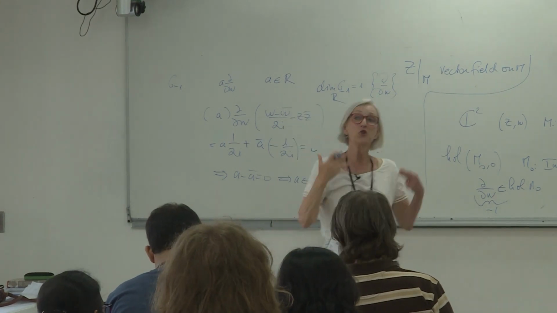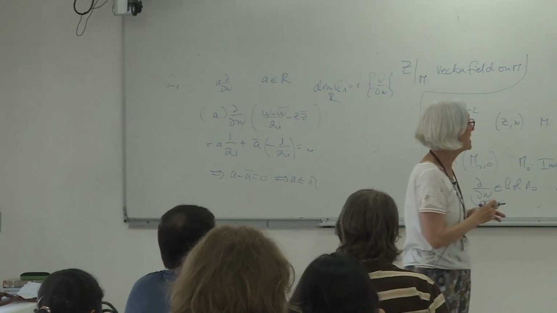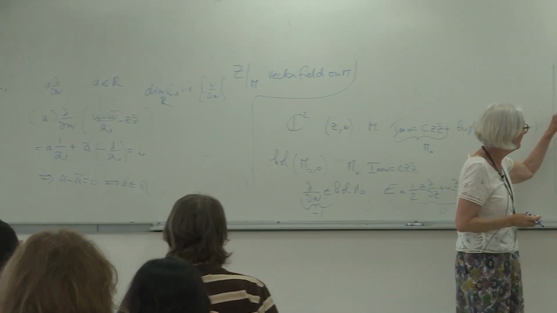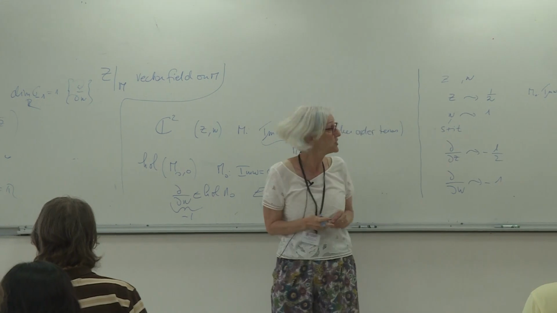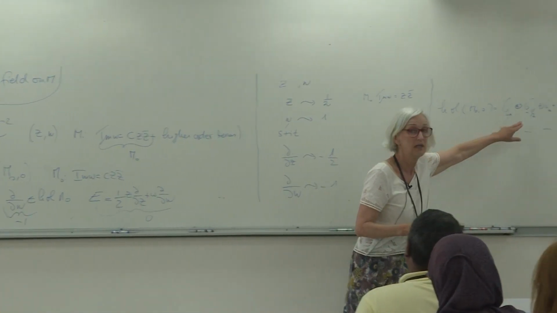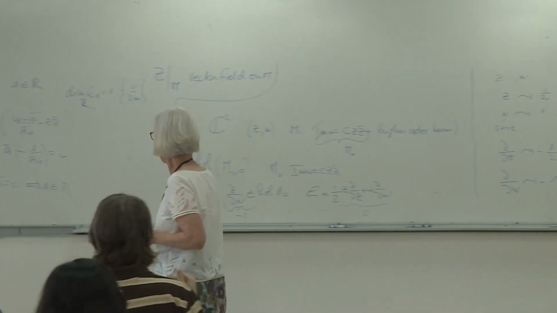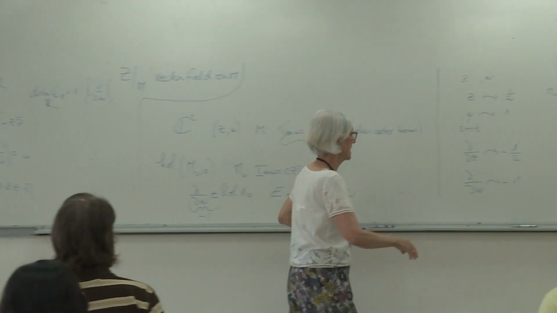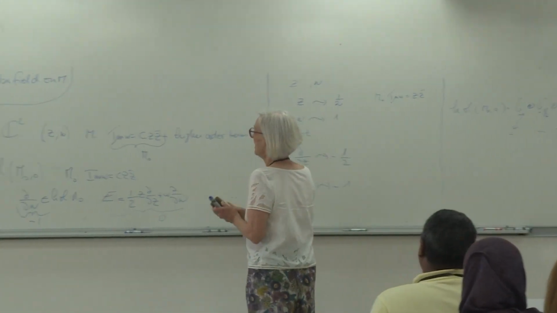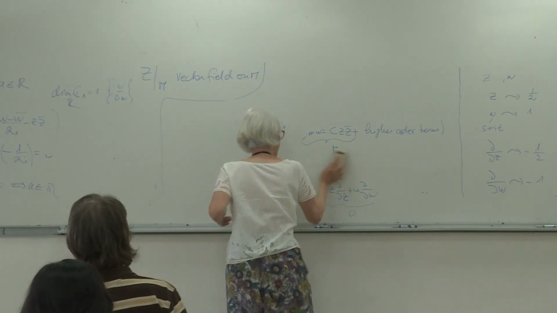OK? Now you go to the next possibility, which is the vector fields of weight minus 1 over 2, right? Where is it? I erased it. No, it's here. How can you write them in a general form? What is the description of them?